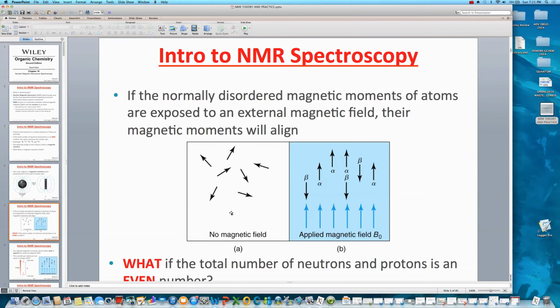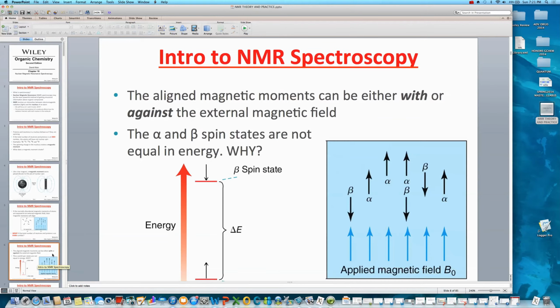However, once I apply a magnetic field from a strong superconducting magnet, then these hydrogen atoms will be in one of two populated states. One is higher in energy than the other, and so we call the energy state that is lower in energy the alpha spin state.